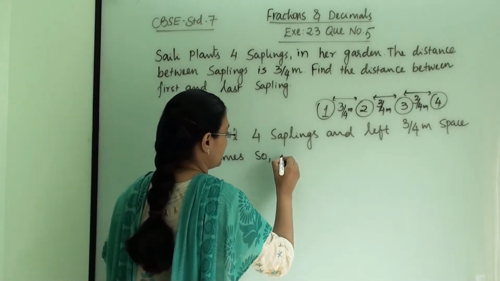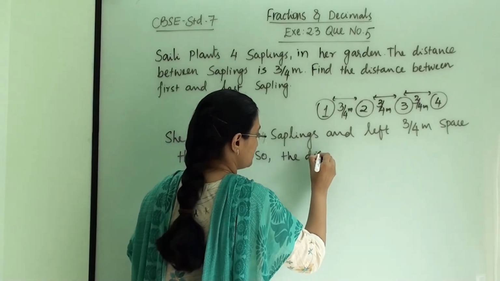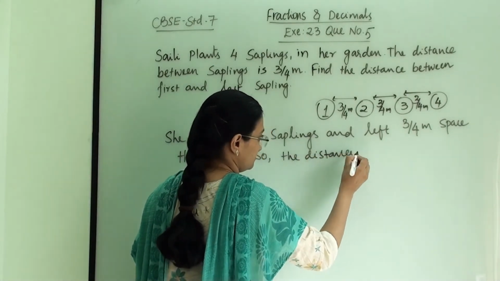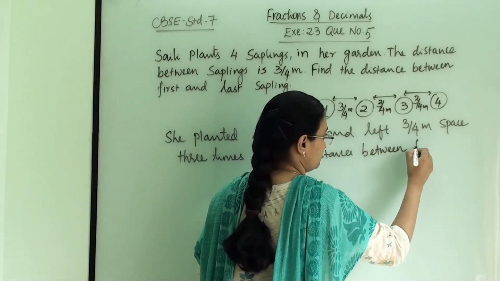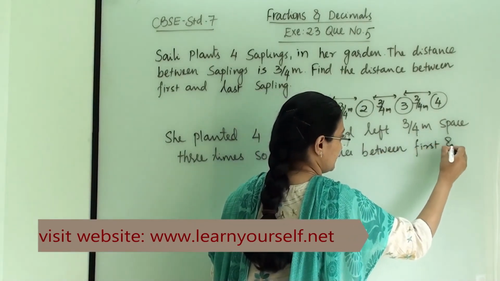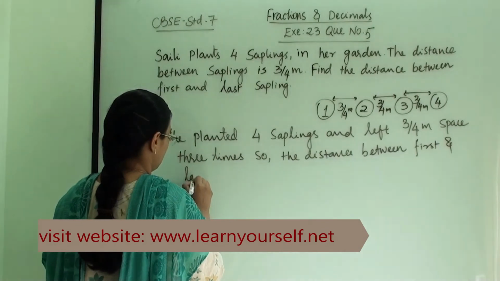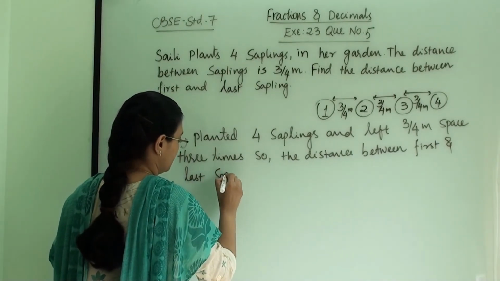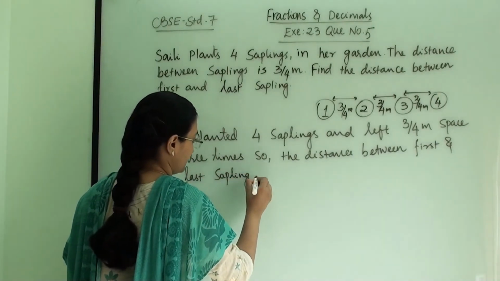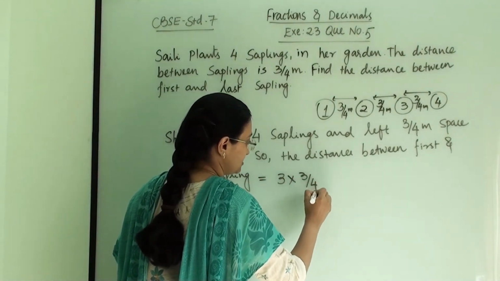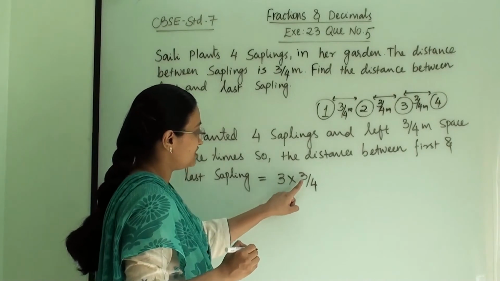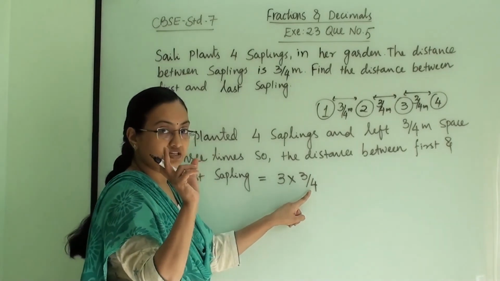So the distance between first and last sapling equals to 3 into 3 by 4 meter. Right? 3 times 3 by 4 meter space she left.